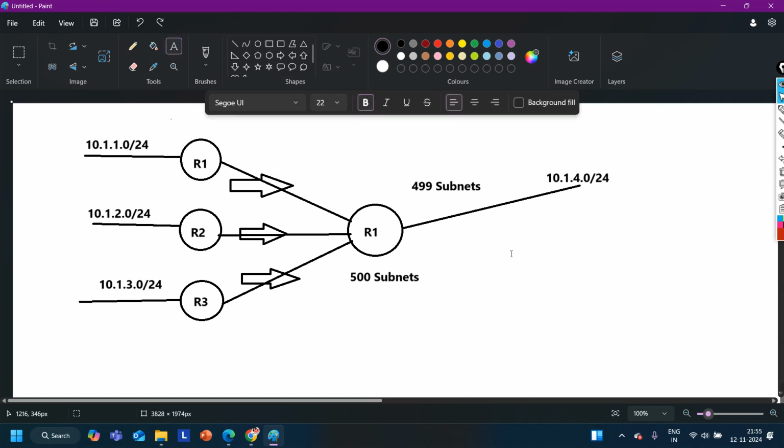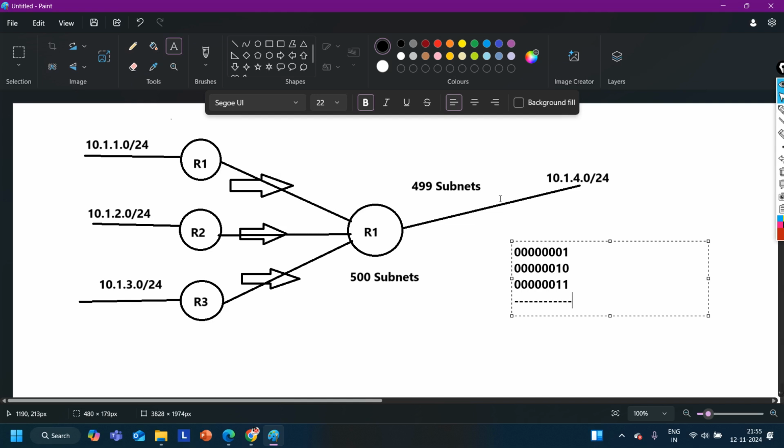In the fourth octet the values are 0. The third octet value is changing. So I will convert the third octet of the IP address into binary, right? The binary of 1 is going to be 1. The binary of 2 is going to be 10, and the binary of 3 is going to be 11, right?